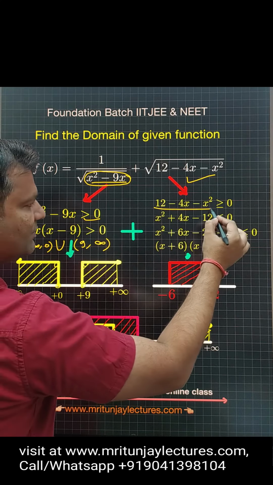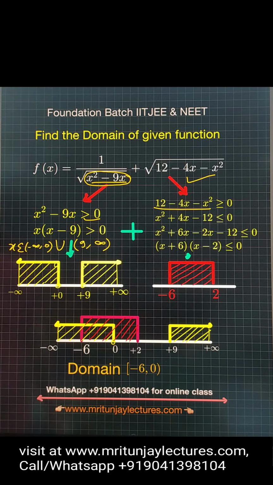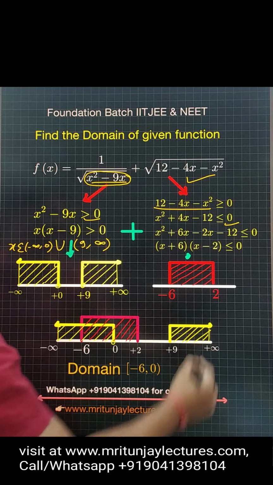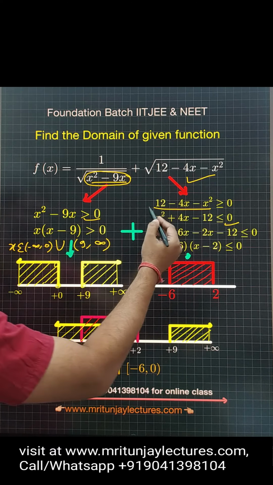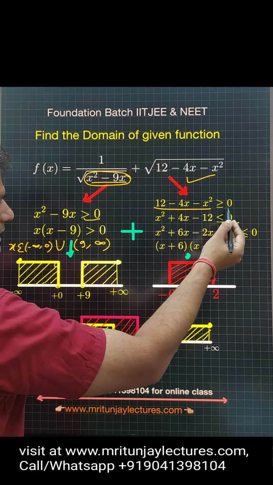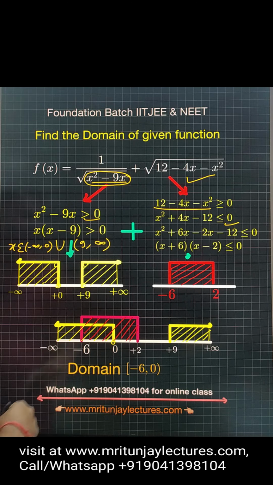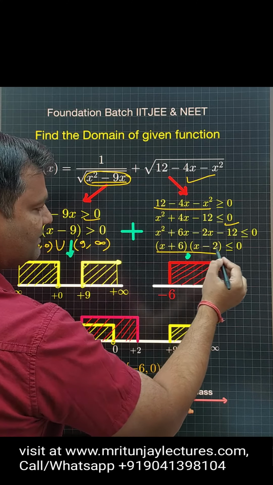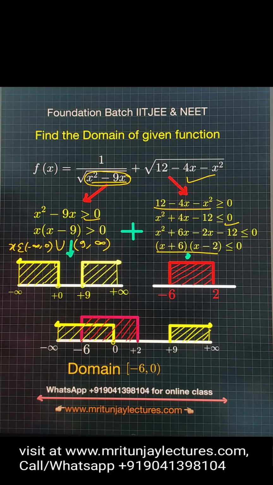Simply, this one is greater than or equal to 0. So you can say that that one is less than or equal to 0, because if we multiply by minus, then the inequality changes. That's why after factorization we got (x plus 6) into (x minus 2) less than or equal to 0.